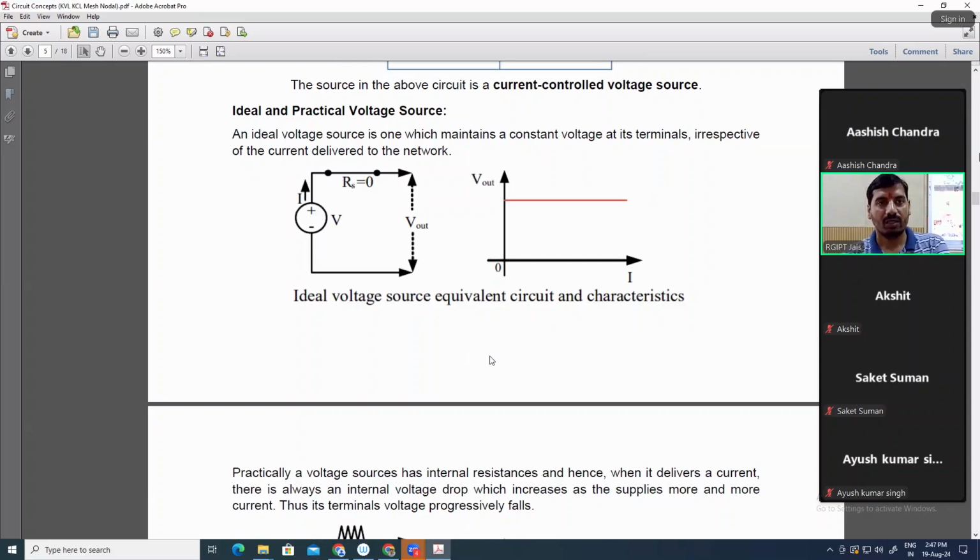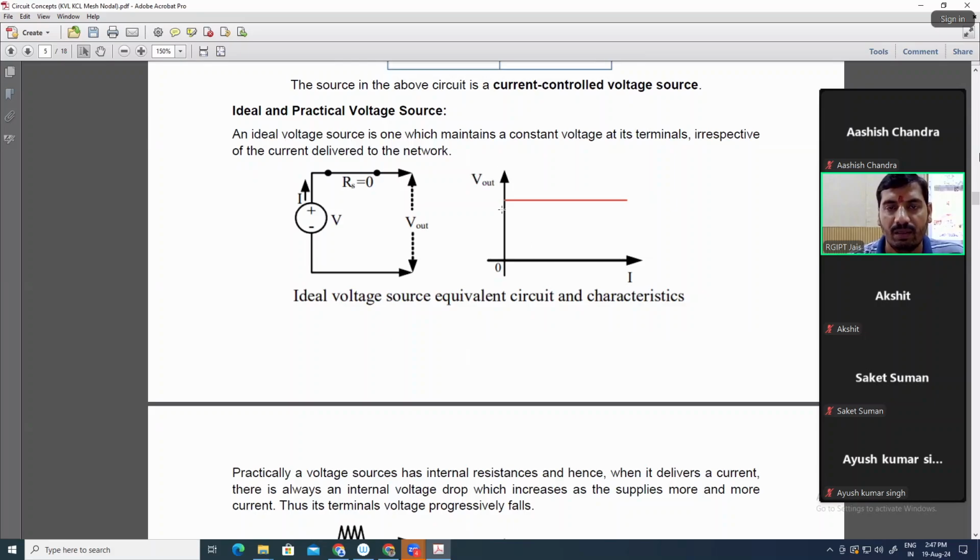First we will see the ideal voltage source. This is the symbol of an ideal voltage source, where the voltage value is V, the current flowing through this source is I, and the internal resistance Rs is equal to 0. So in ideal voltage sources, there is zero internal resistance.